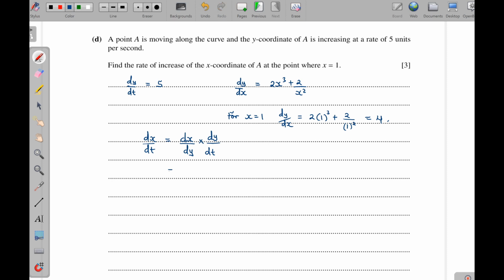Okay. Now, what is dx dy? dx dy is the same as 1 over dy dx, and our dy dx is a 4. So that means we shall have 1 over 4, then times dy dt, which is actually a 5. So that means our answer is going to be 5 out of 4.